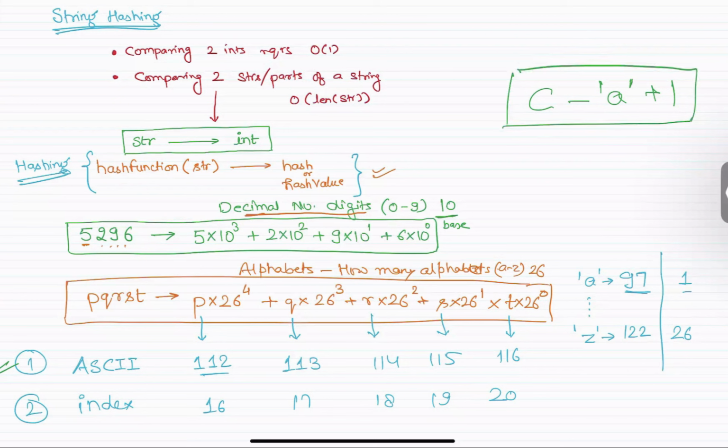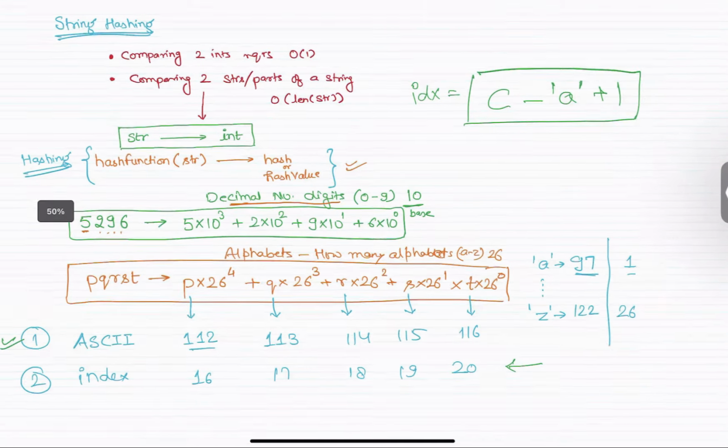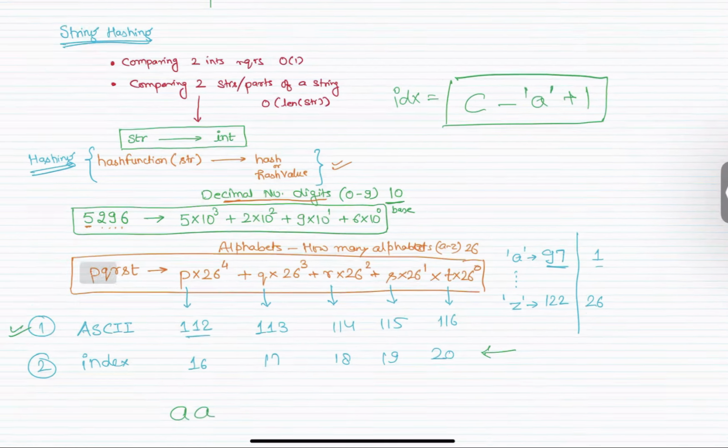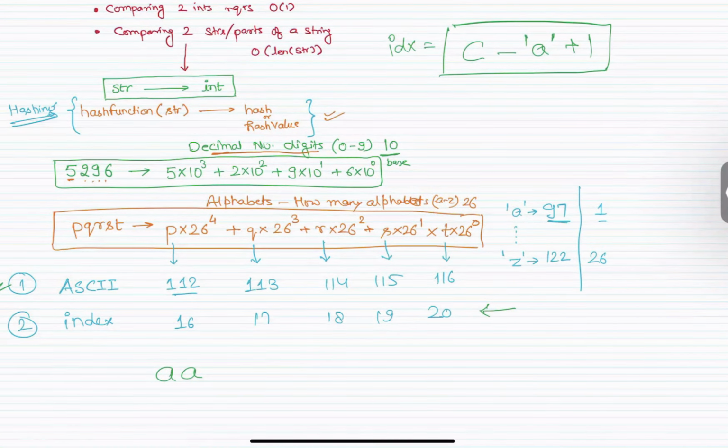Why? Somehow we are reducing the collisions. For example, a string A will generate the same ASCII as C. Why? If you go with the second approach, you're saying yes, sir, in the second approach, AA. Let's see. When we have AA, what you will do is use 26 to the power 1 into 1 plus 26 to the power 0 into 1.